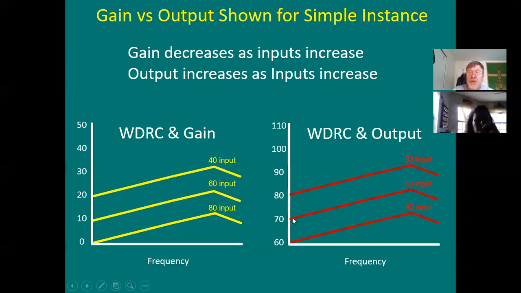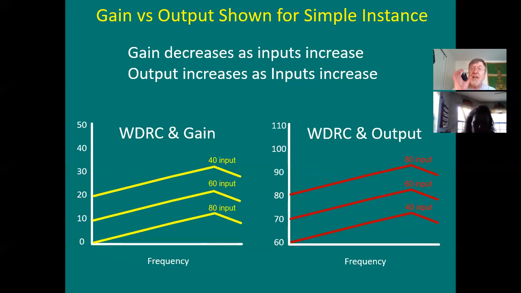My output is 70, because 40 plus 30 is 70. Look at 80 inputs, 80 decibel inputs. At this frequency right here, we're looking at a gain of 10. Well, 80 inputs, what's my output? About 90. 80 plus 10 is 90.